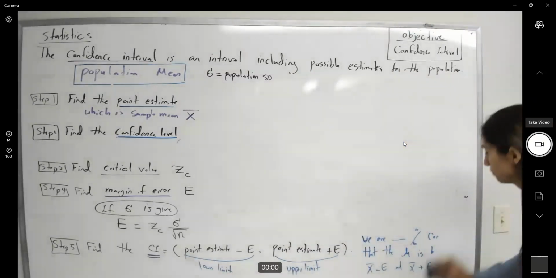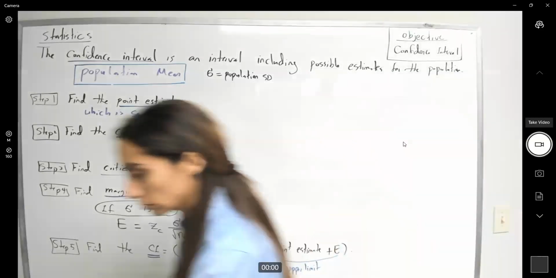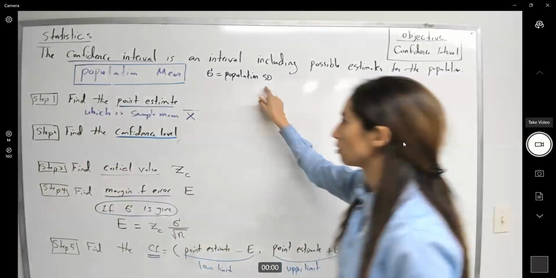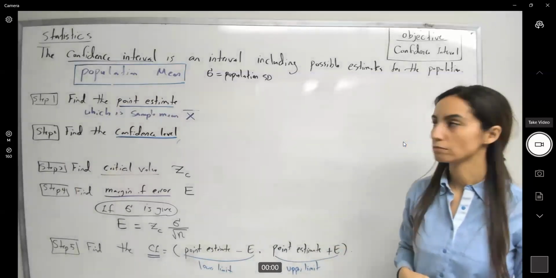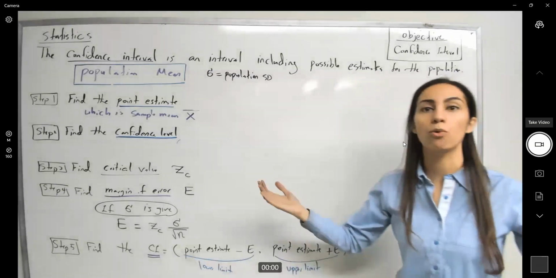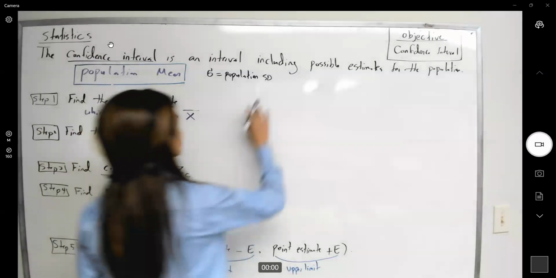So first of all, you should be asking: is the standard deviation of the population given? Do I have any information about the population standard deviation? The population standard deviation is given to me.